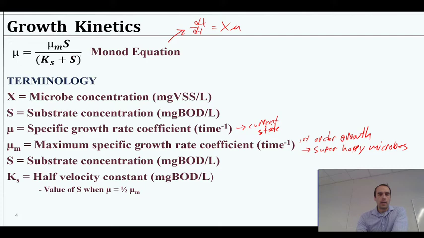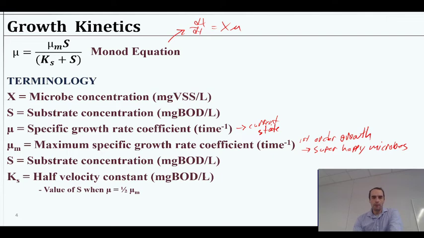Then we divide it by the amount of food there plus this other constant, this Ks. There's going to be several Ks. I apologize. I'm just going to follow the book's nomenclature. This is an uppercase K with a subscript S. That'll be distinct from a couple other ones we see.